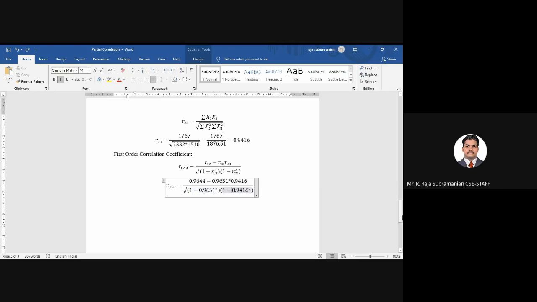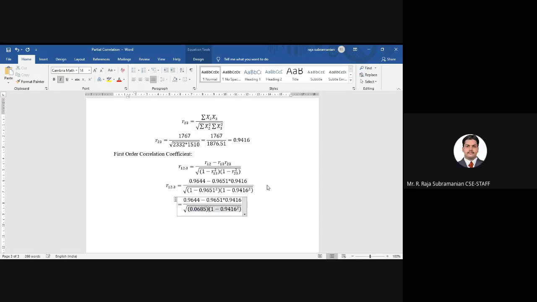Right, now this is actually somewhat of a big calculation. I want to find 0.9651 whole squared, next to 1 minus 0.9651 squared. Can anyone say what that is? 0.0685.